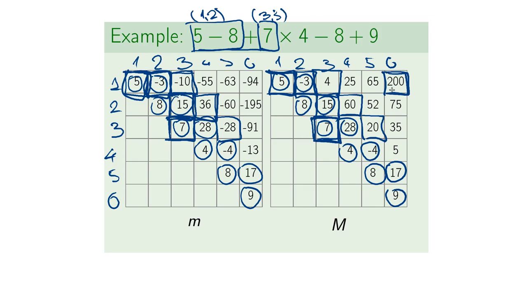This still doesn't give us the optimal order itself, but we will be able to reconstruct it from these two tables. Now we are sure that the maximum value of our initial expression is 200, and we will find out the optimal ordering, or the optimal parenthesizing, in a minute.